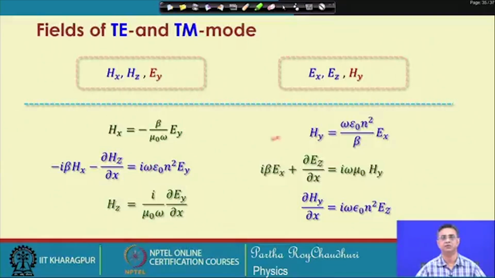You can see how we have organized it: these two have come from the curl equation of H, and this one has come from the curl equation of E. So, these are the three equations to represent the TE waves, and these are the three equations to represent the TM waves. So, we have been able to separate the TE and TM fields.